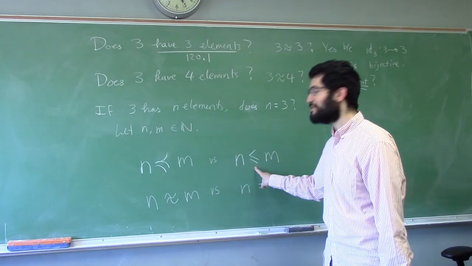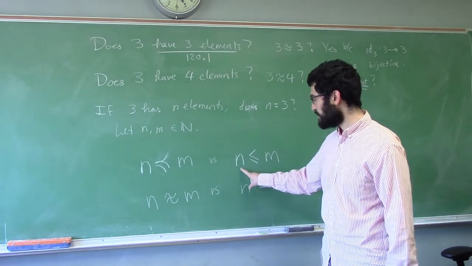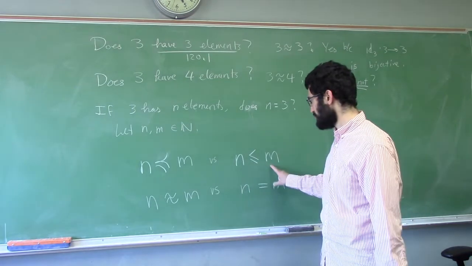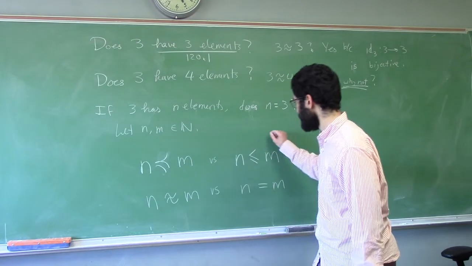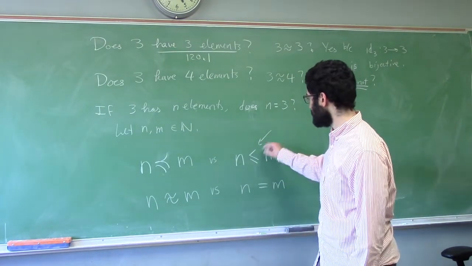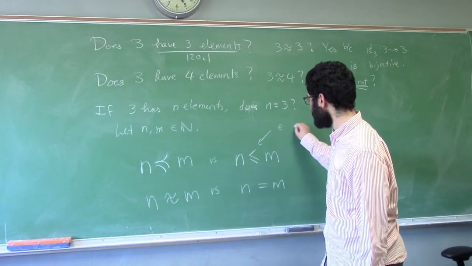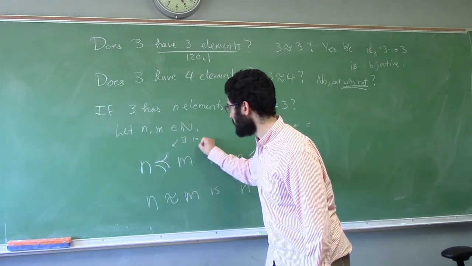And then there's the straight looking less than or equal to symbol, which stands for n is less than or equal to m. Less than meaning membership, right? So this was the one from our section on natural numbers. So this less than or equal to means member or equal to. This one means there exists an injection.